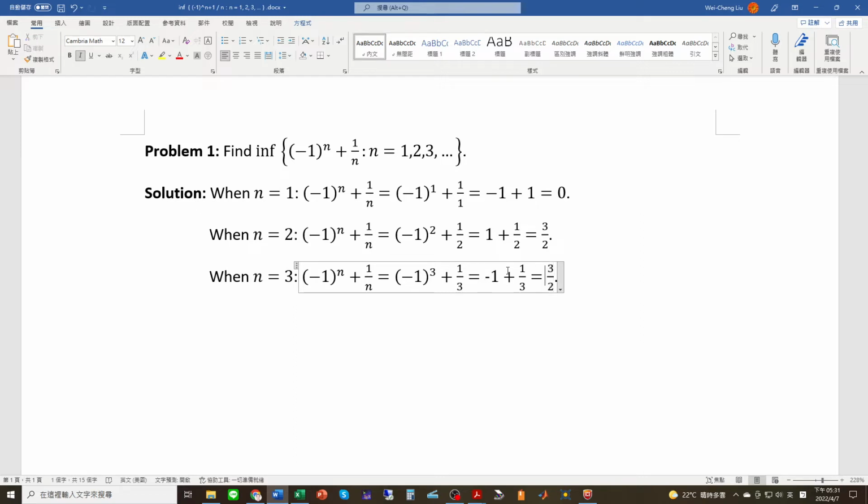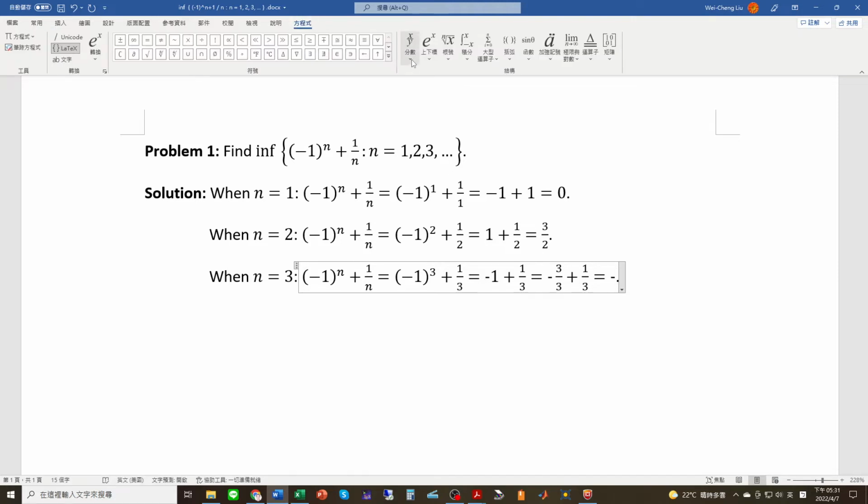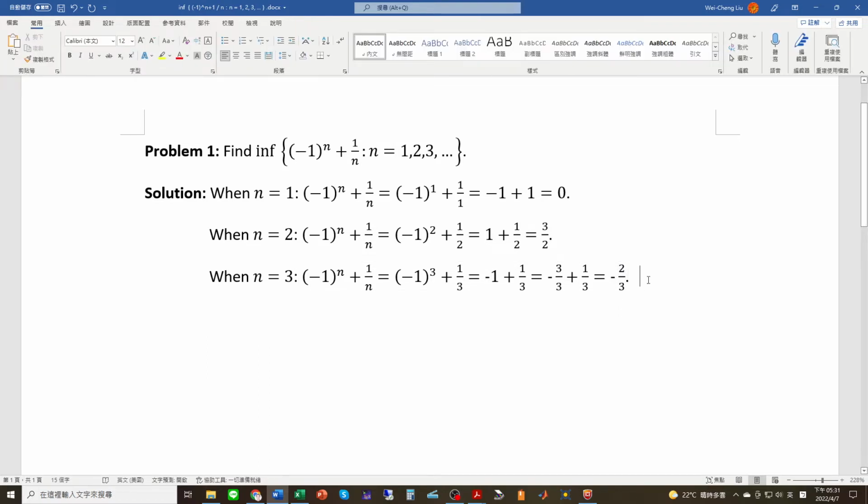So it is equal to minus 3 over 3 plus 1 over 3, which is equal to minus 2 over 3.